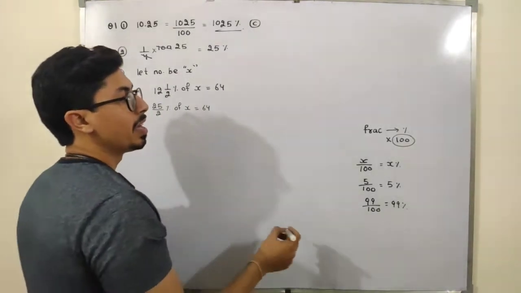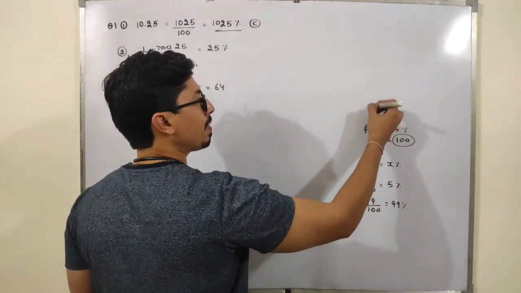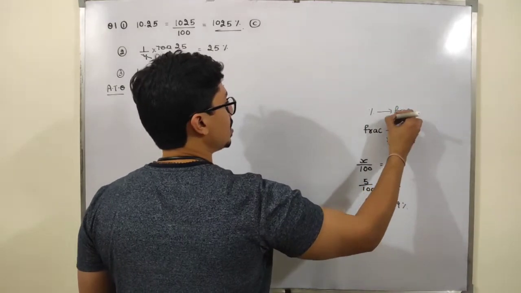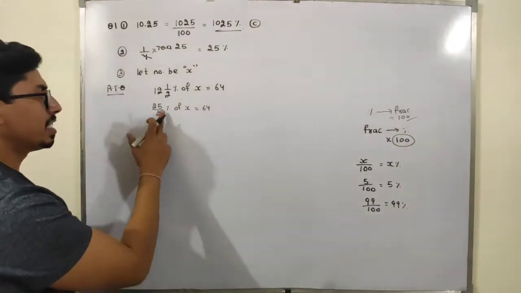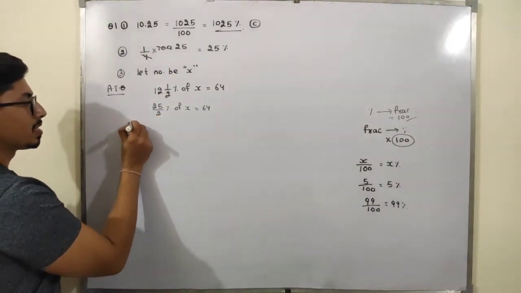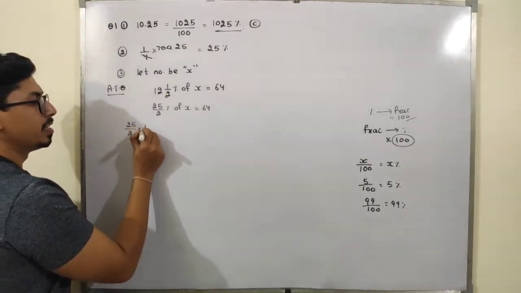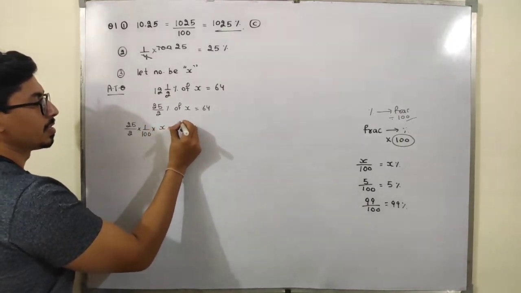If I have to convert a fraction into a percentage, I have to multiply by 100. But if I have to convert a percentage into a fraction, just divide by 100. So divide this by 100, that is 1 by 100. Of means multiply, x as it is.